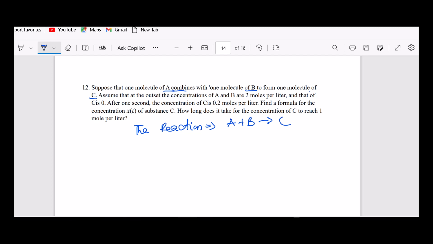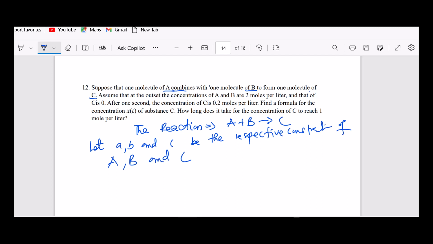So we can let A, B and C be the respective concentrations of A, B and C. These are substances and these are their concentrations.